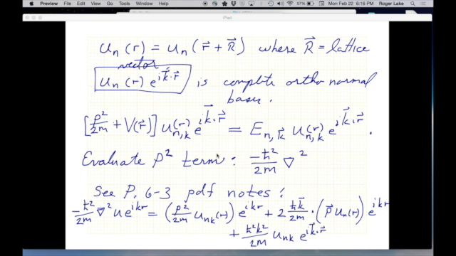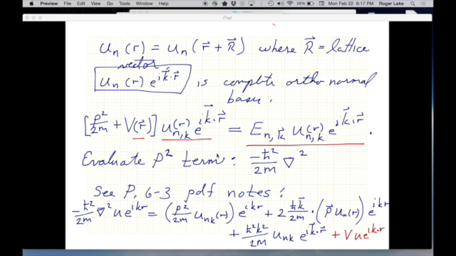So that's what I get from applying grad squared twice to this product of u times e to the i k dot r. And I still have a V times u times e to the i k dot r. So I'll also, just going along for the ride, continue to have my V u e to the i k dot r. And all that is equal to, on the right-hand side, this, which doesn't change, right?